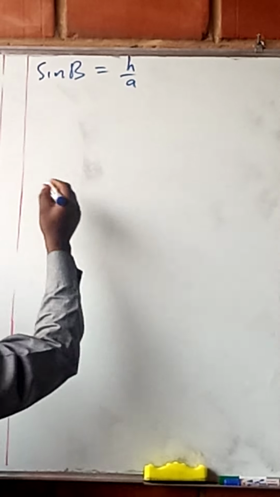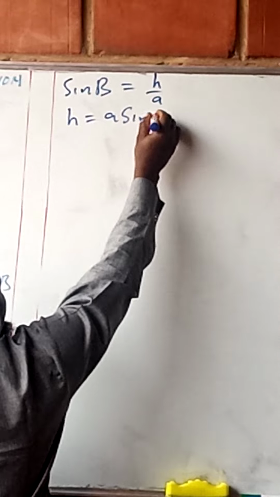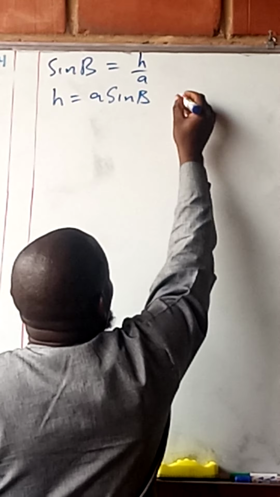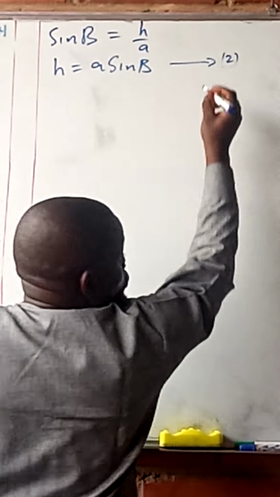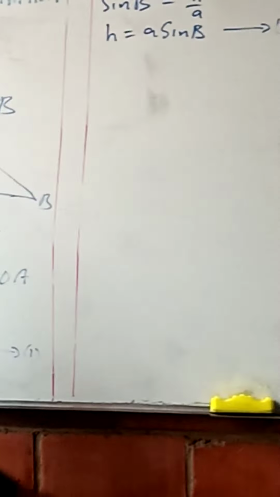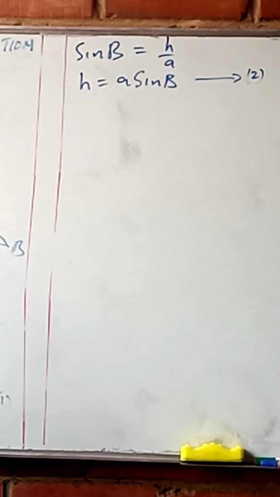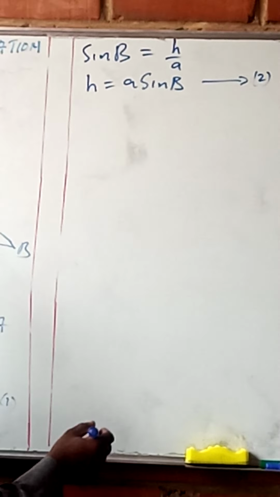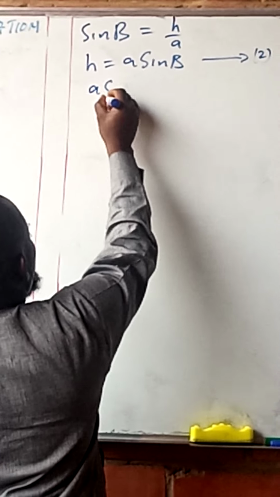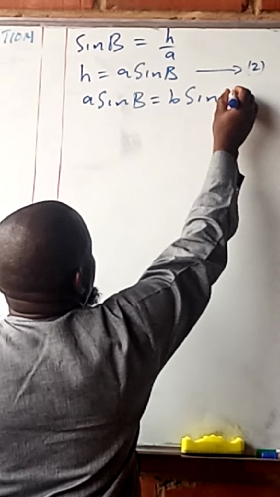If you cross multiply, you have h is equal to a sine B. You can call this one equation 2. Since this is h, and this is also h, you can equate equation 1 and equation 2. So you have a sine B equal to b sine A.